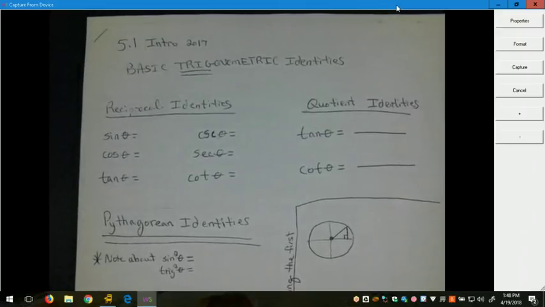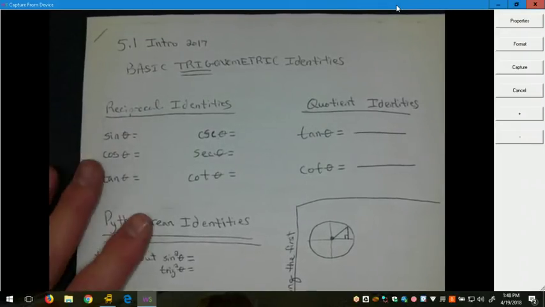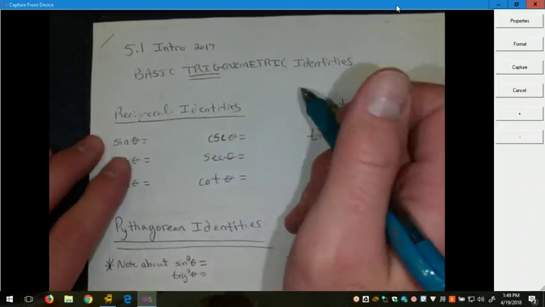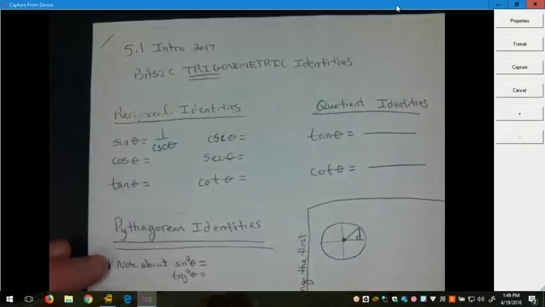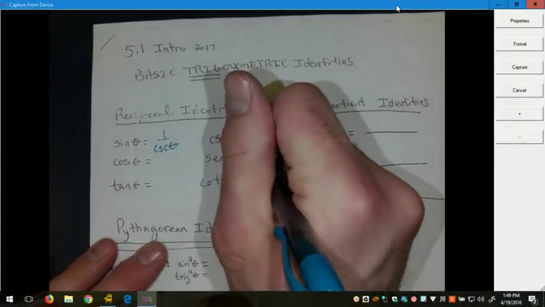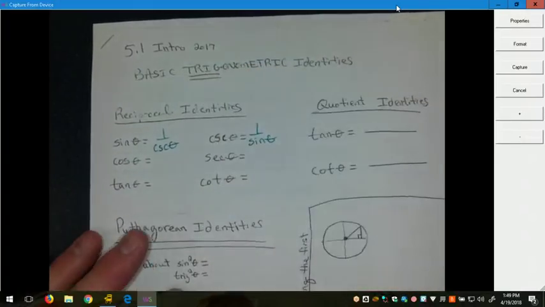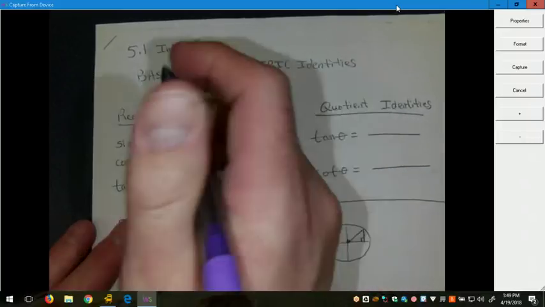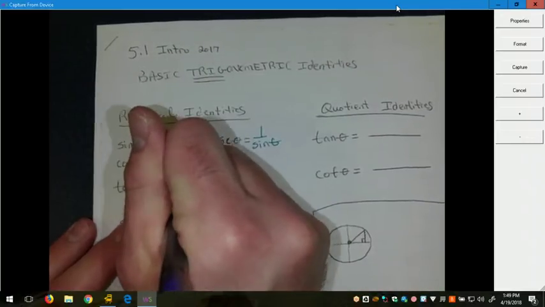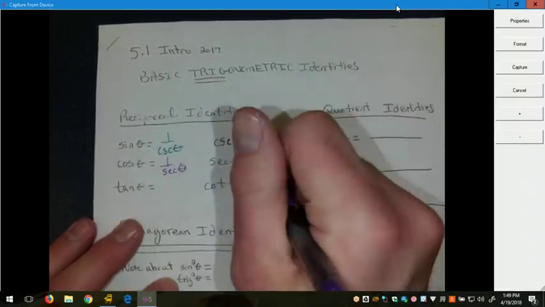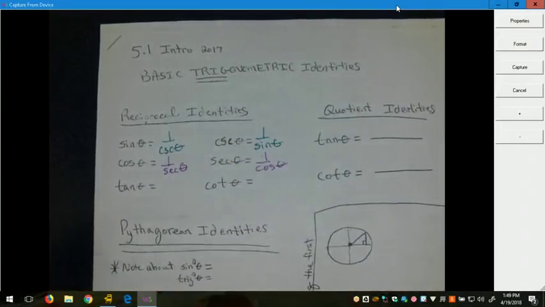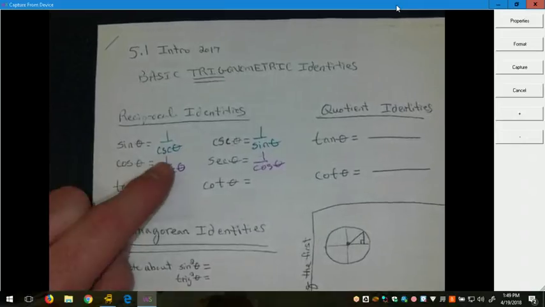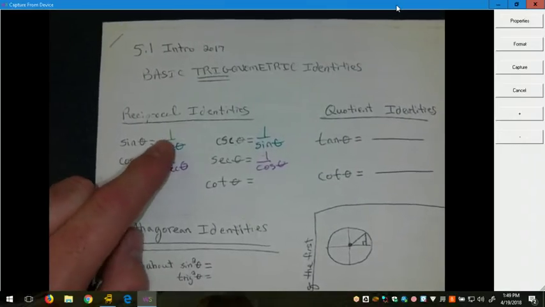We begin with the reciprocal identities because these are the most basic, the ones that you should be pretty familiar with. That's just the reciprocal of sine. The reciprocal of sine is cosecant. The reciprocal of cosecant is sine. Cosine, the reciprocal is secant. And secant, the reciprocal, is cosine. So if you know one, then you'll know the other is just 1 over it.